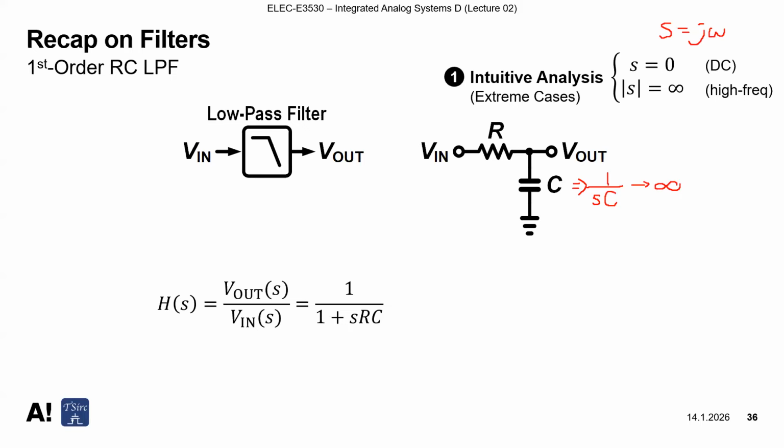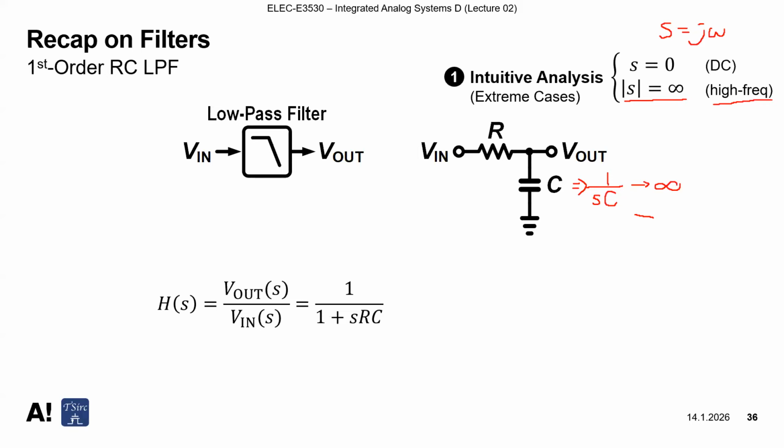So what will be the infinity value of impedance in circuit analysis? Do you know how to analyze it? Open circuit, right? Thank you. It's an open circuit. Let's first think about the magnitude of S becoming infinity, which is high frequency.